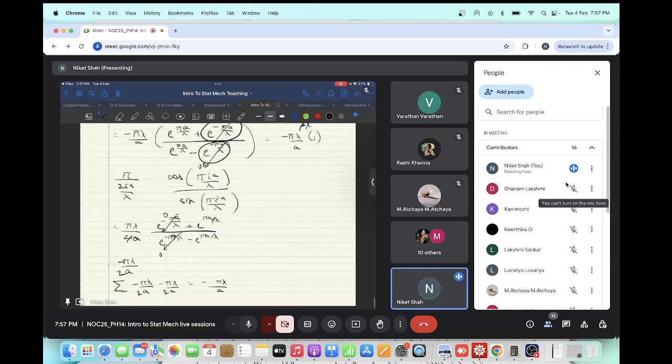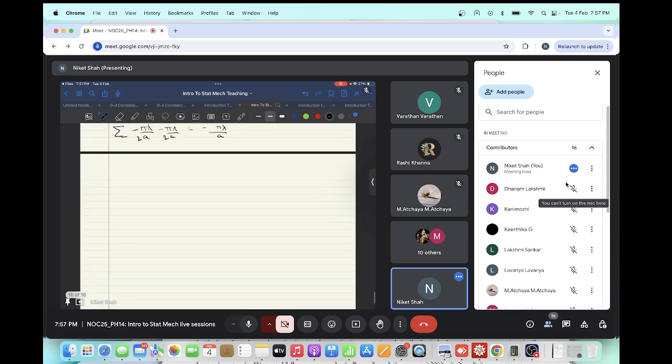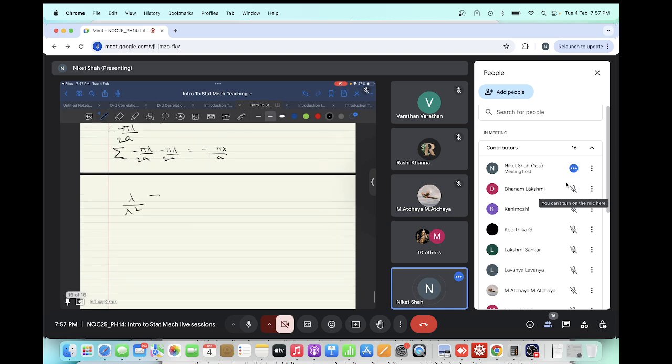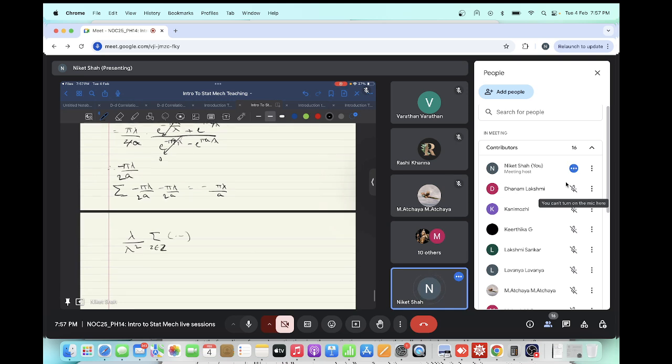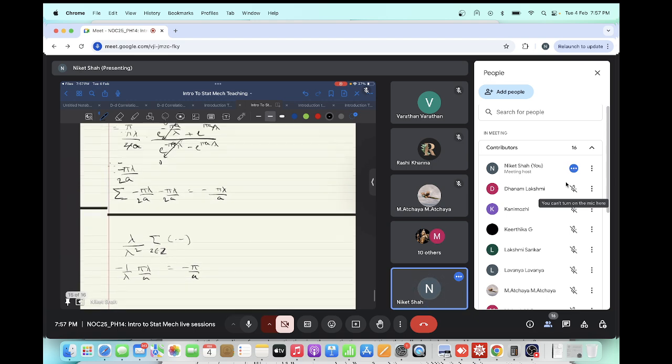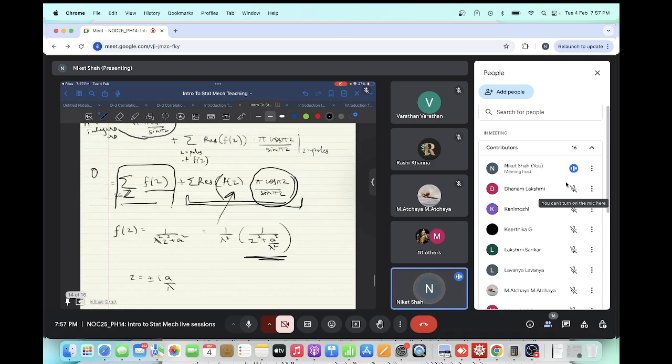So my entire expression was this, that lambda divided by lambda square, which I had taken out, sum over z belonging to integer, this thing. So it is basically 1 by lambda minus pi lambda by a. So that's why it's just minus pi by a now. So the summation yields that. Evaluation of this term yields that, sorry.